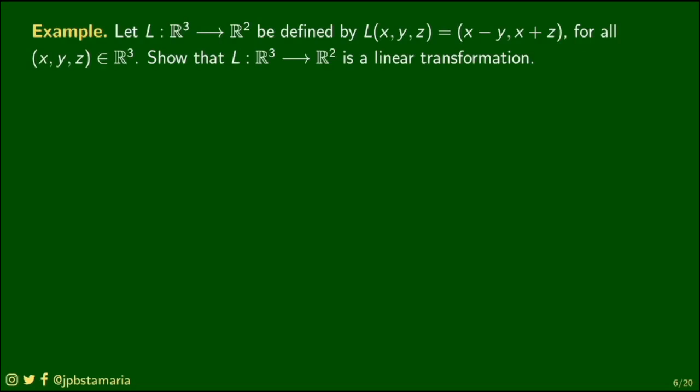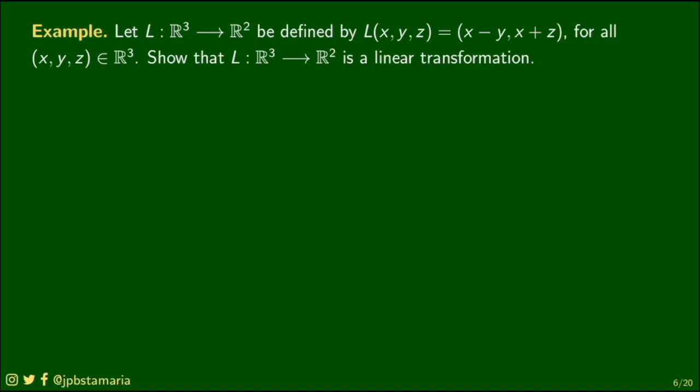We now look at a non-trivial example. Let's consider the function L from R^3 to R^2 defined by the following equation. This function takes the point with coordinates x, y, z to the point in R^2 whose coordinates are x minus y, comma, x plus z.